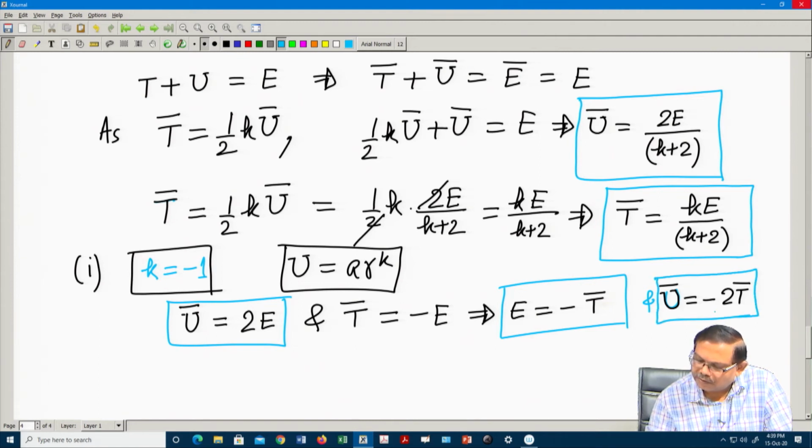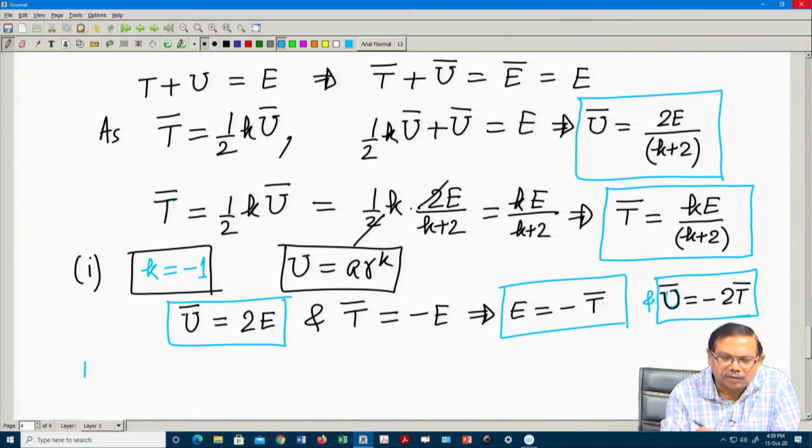Why is total energy negative? Because such fields are attractive, so there is a minus sign, and total energy is the sum of potential energy plus kinetic energy. Potential energy is larger in magnitude, so the sum is negative.